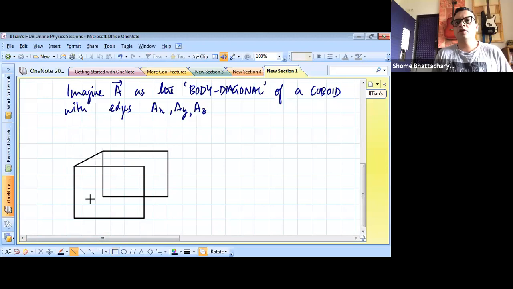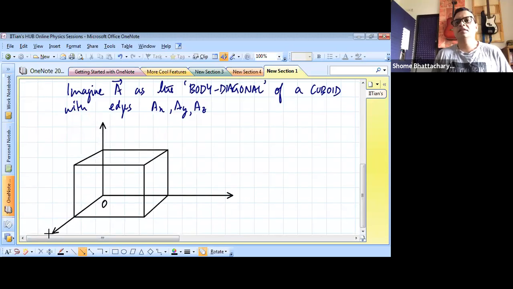Imagine a cuboid like this, where we have defined this corner as our origin, this as our x-axis, this as our y-axis, and this as our z-axis.